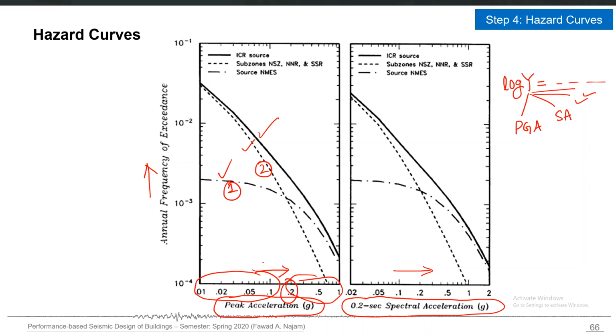But source 2 has more annual frequency of exceedance for lower PGA values. So for low level of earthquakes, source 2 is governing, but for high level of earthquakes, source 1 is governing.